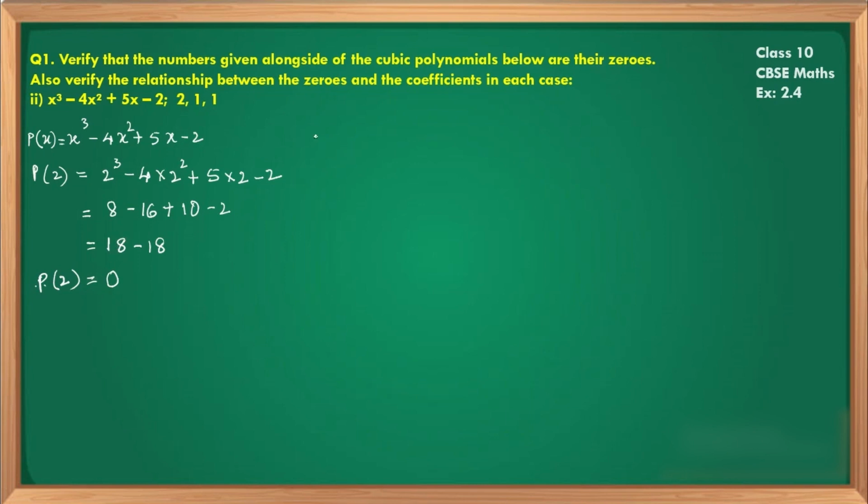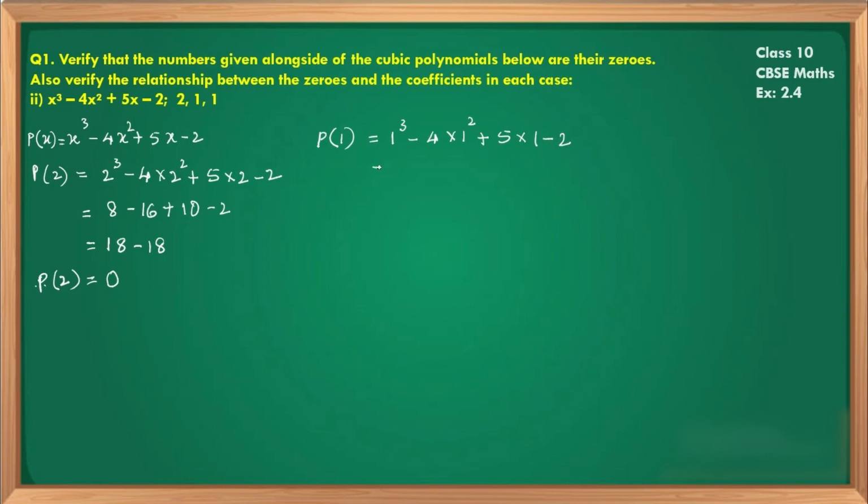The second is 1. You put the value of 1 wherever we have x. P of 1 is equal to, here we have x cube, that is 1 cube, minus 4x square, minus 4 into 1 square, plus 5x, that means plus 5 into 1. Then lastly minus 2, which is constant.